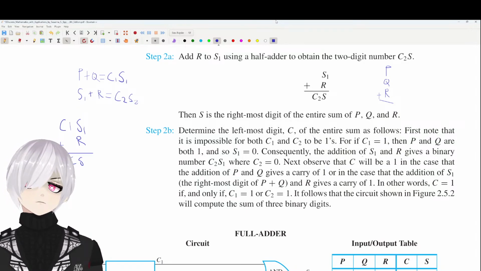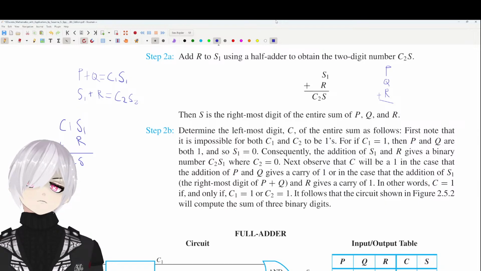So let's say that C1 and C2 are both 0. Then P plus Q equals C1 S1, which is 0 S1. So C1 S1 plus R is 0 S1 plus R, or just S1 plus R. And for our second equation, S1 plus R is C2 S2, and we're assuming C2 is 0, so S1 plus R is just S2.